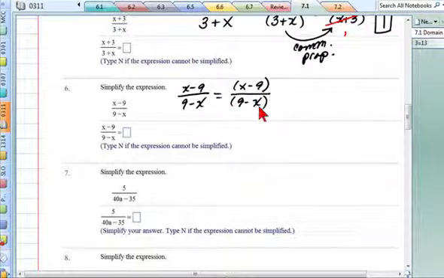Now, in problem number 5, 3 plus x and x plus 3 were the same value. Are these the same? Okay, I'm getting one yes and one no, and a lot of uncommitted. Did the commutative property hold true for subtraction? Well, think of one. Is 5 minus 2 the same as 2 minus 5?